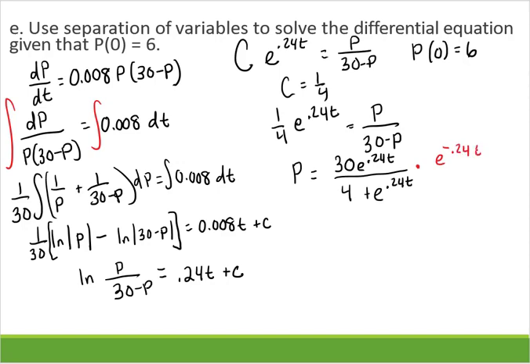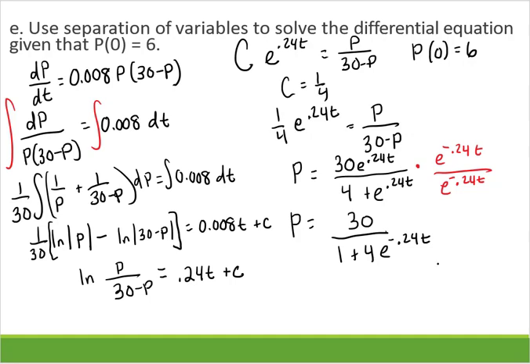I'm going to multiply by this. It actually makes it a little bit easier on us. So I get 30 on the top. This term here turns to a 1 plus a 4 e to the negative 0.24 t. Okay, so that is now our regular equation.